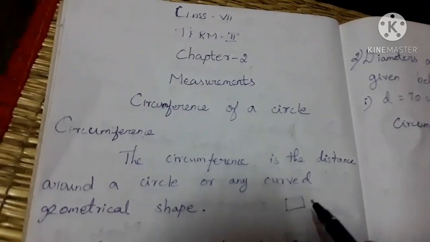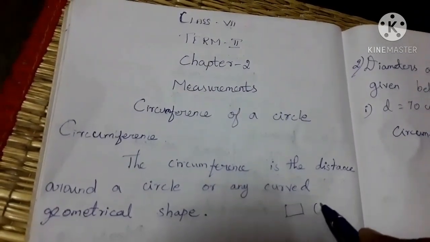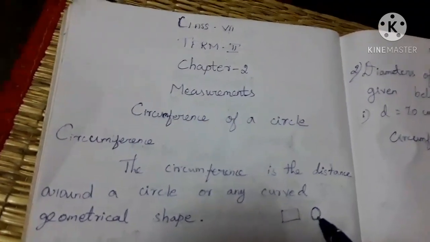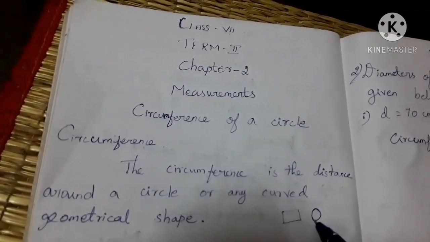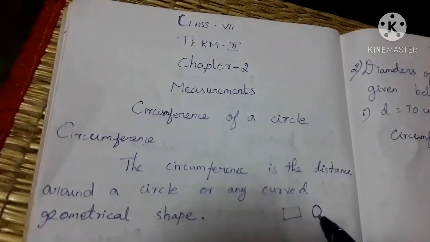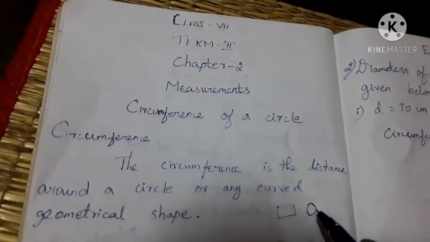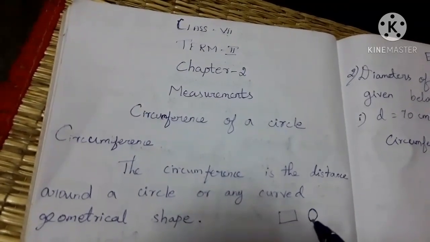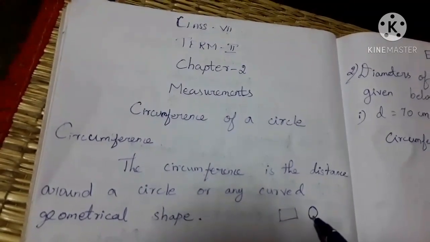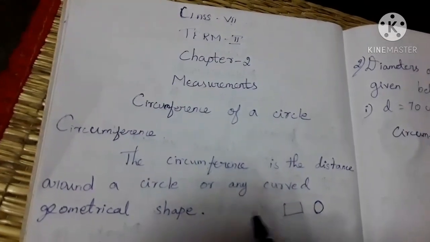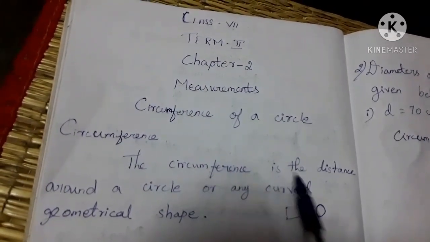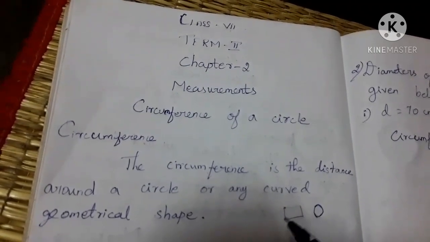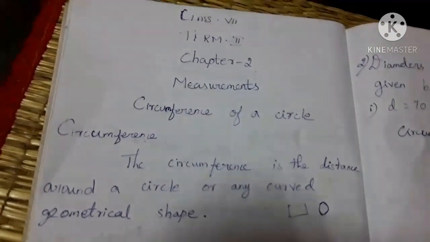Like that, in a circle we find the length around the circle, but we don't say perimeter, we say it is the circumference of the circle. It's the same meaning. In a rectangle we say perimeter, but in a circle we say the word circumference. That is, circumference is the distance around a circle or any curved geometrical shape.